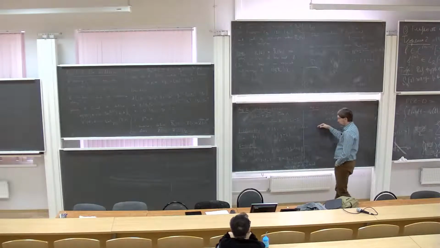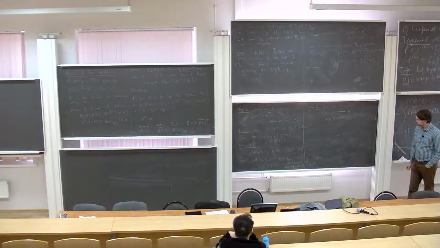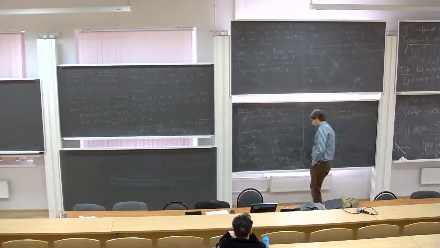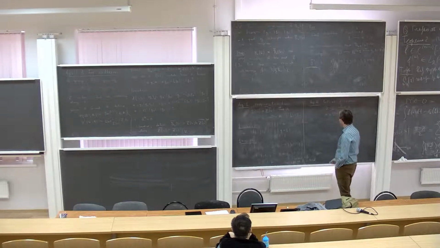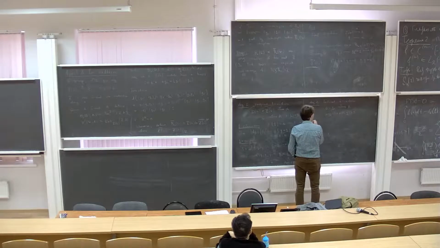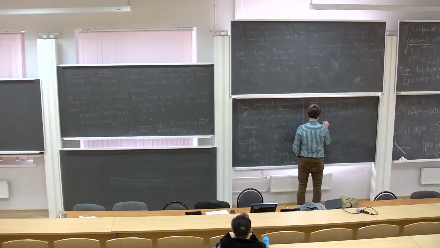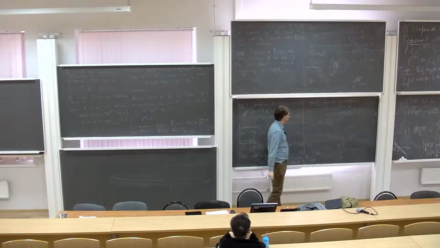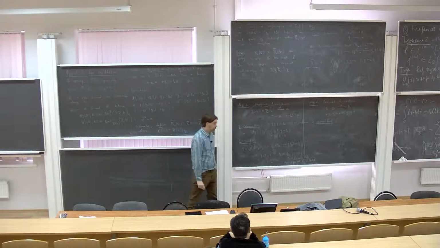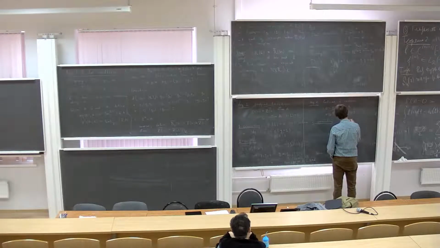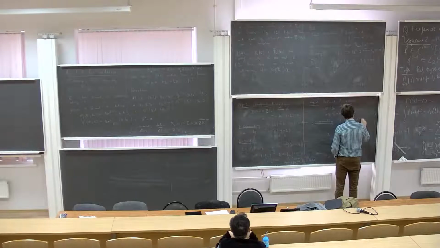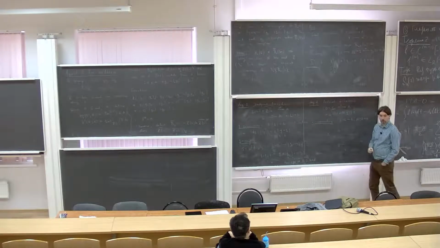Okay, so let's write down the coboundary condition and the cocycle condition. A 2 coboundary is something which is the differential of a 1 cochain. So let's say beta from G to A with beta of 1 equals 0, a 1 cochain.